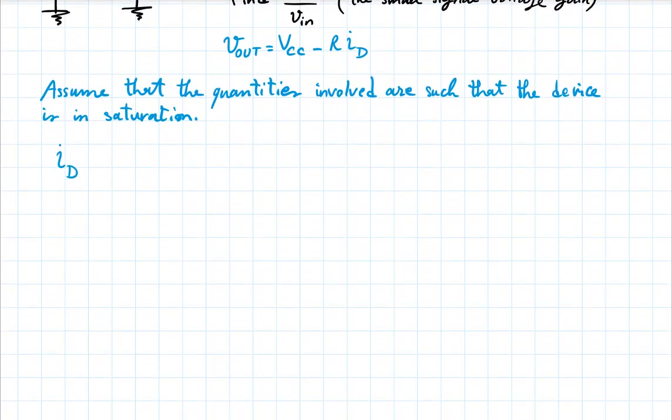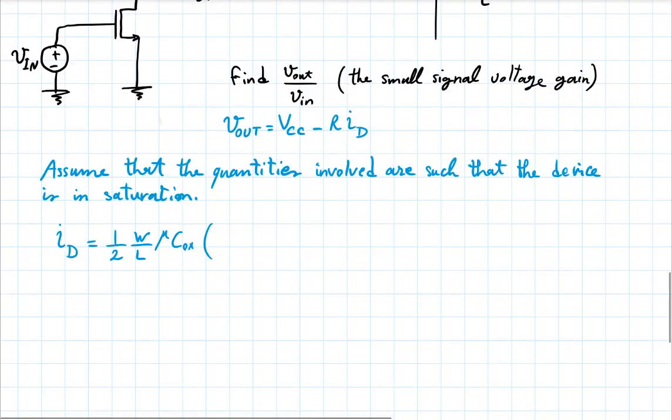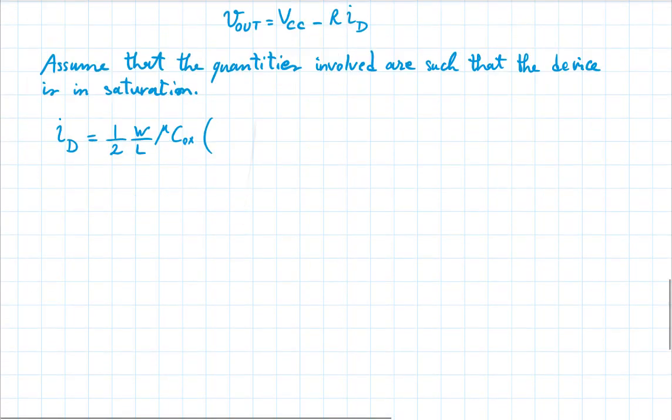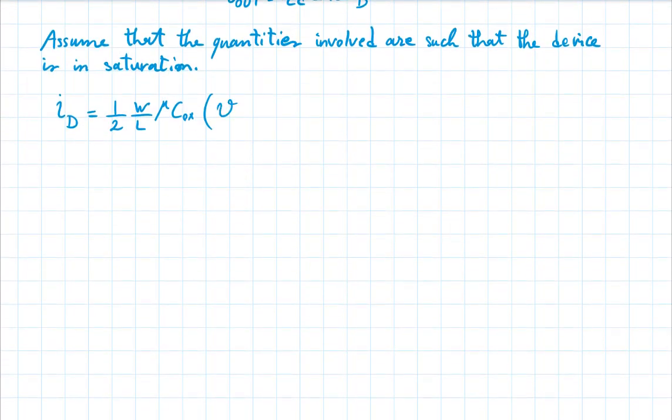What is the current for the MOSFET in saturation? Half W over L mu C oxide, VGS minus VT squared, right? Now, VGS here is just the full V in minus VT squared. That's the formula.